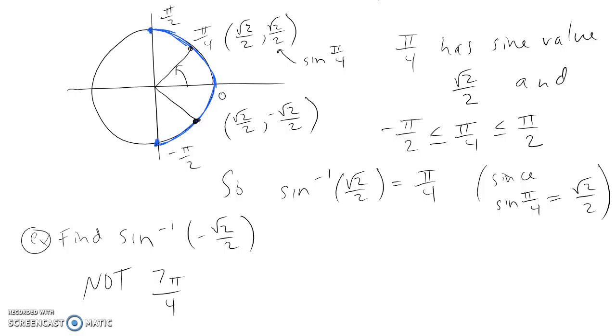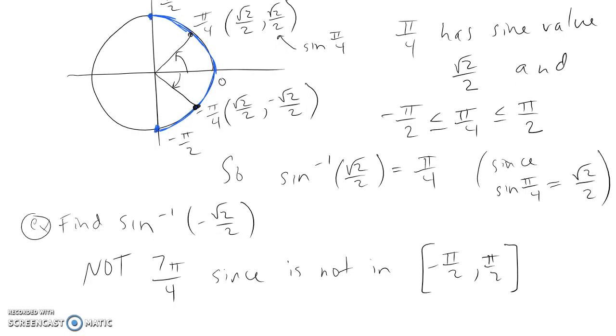Why not? Because 7 pi over 4 is not in the interval negative pi over 2 to pi over 2. And you might say, well, yeah, it is. But remember that this angle here that we've drawn has a different name. It is negative pi over 4.